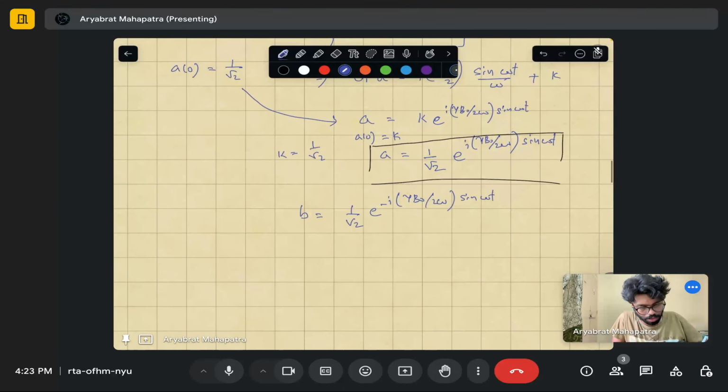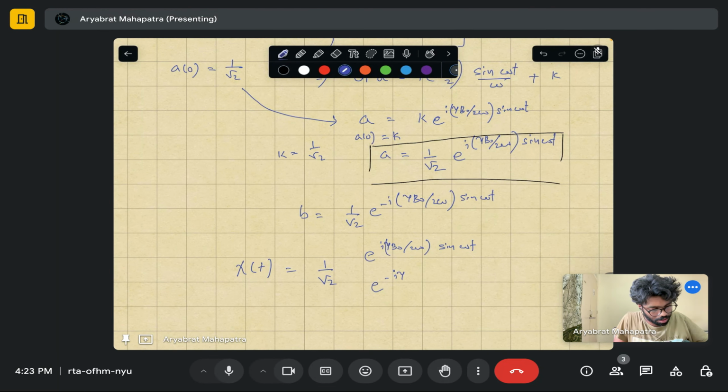So finally you will have chi of t as 1 over root 2, with exponential i gamma b naught over 2 omega sine omega t, and minus i gamma b naught over 2 omega sine omega t.